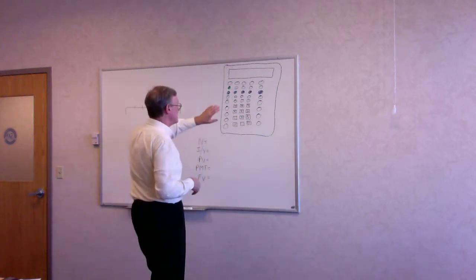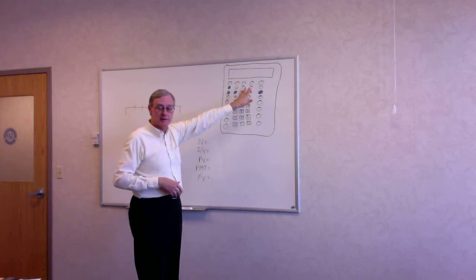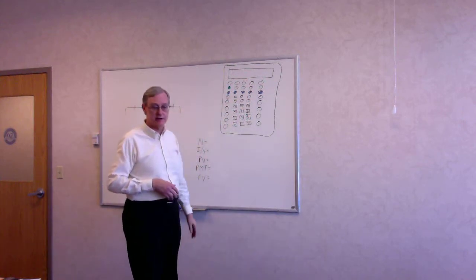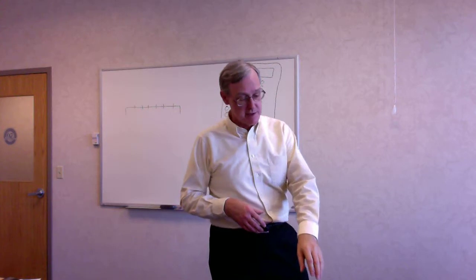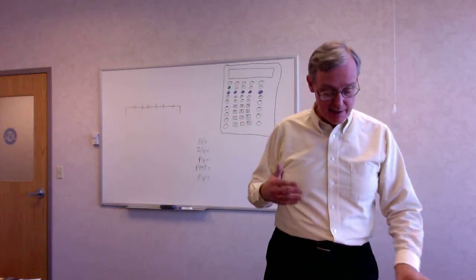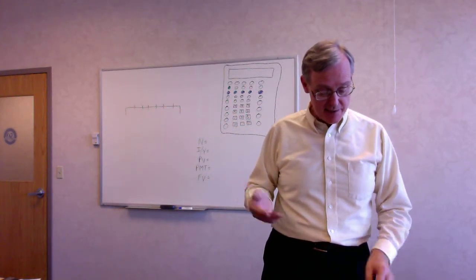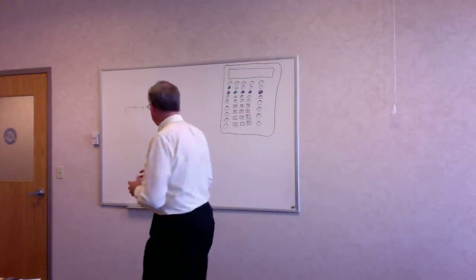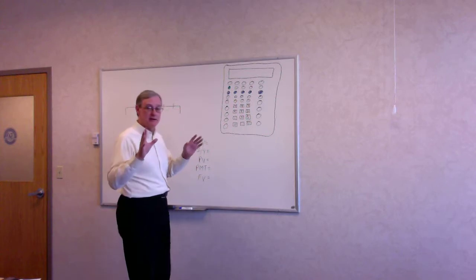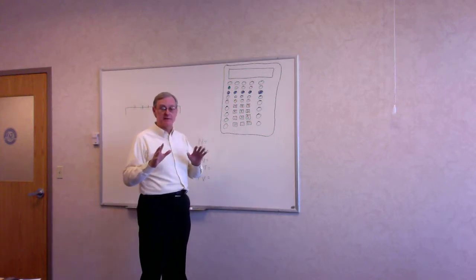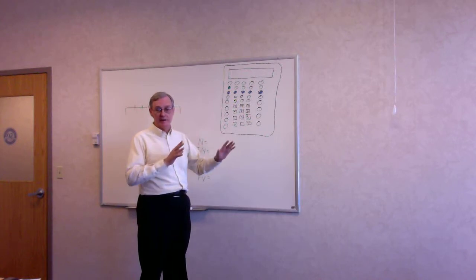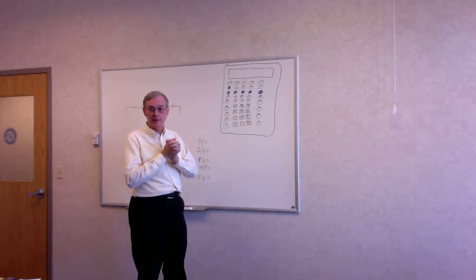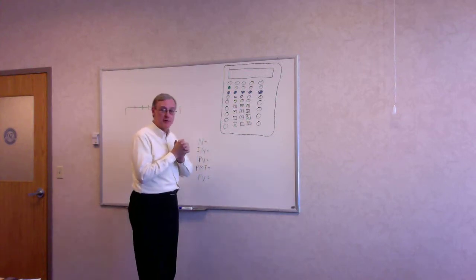Now, this very crude drawing of your calculator, I want you to have your calculator out, the financial calculator you got. You can also see some descriptions in the textbook, some exercises, as well as in the owner's manual for the calculator. There's a lot of keys on here, but don't get all nervous about it, because I have only a small part of the capability of this great tool that we're going to be using for these chapters.